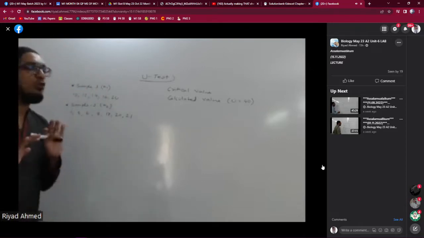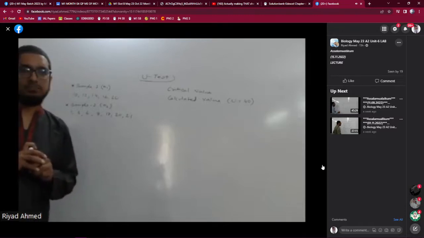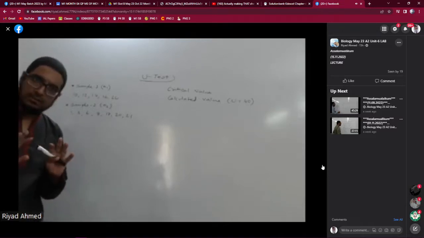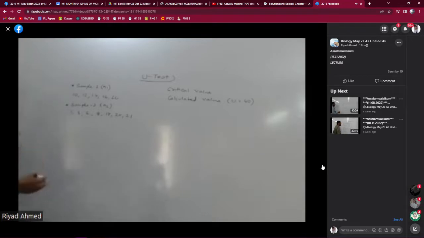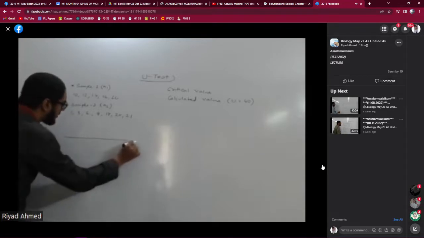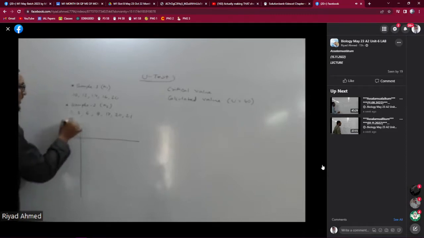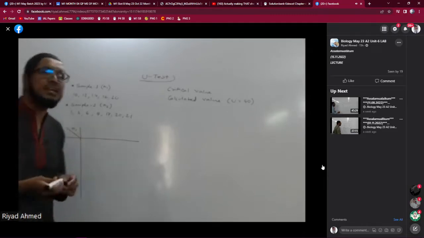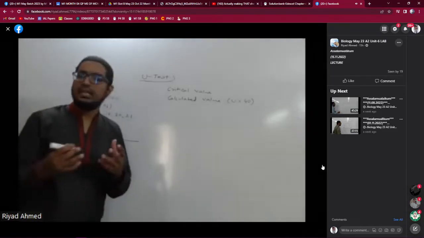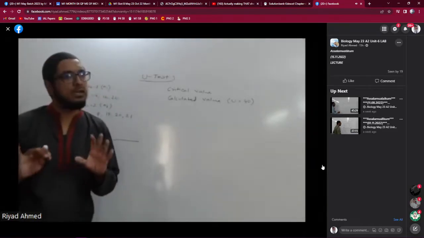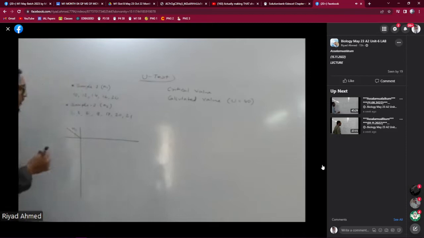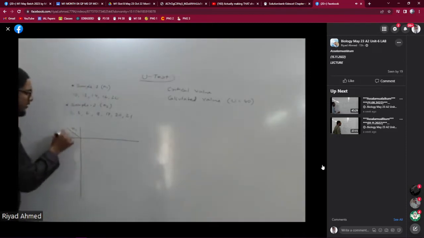For this, there is no need to find the degree of freedom. Now let's start. In your question paper, you will get a table. Like this type of table is present, it is mentioned sample 1, suppose N1. Sample 1 can be a class, a field, or any group of students. Okay. So N1 and here is N2.